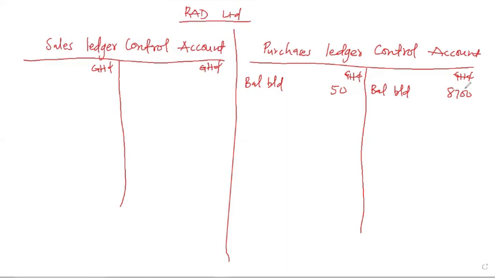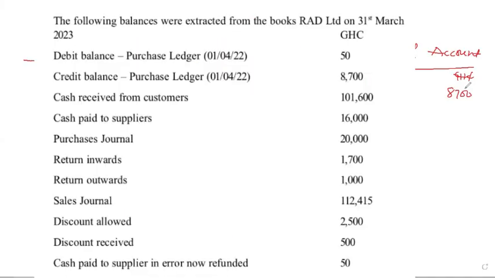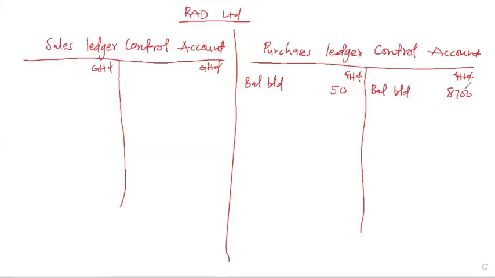Now the next is cash received from customers. As soon as you hear customers, it means it is the sales ledger control account. When we receive cash from customers, it is going to decrease the customers' balance. And if it is going to decrease the customers' balance, we credit it.